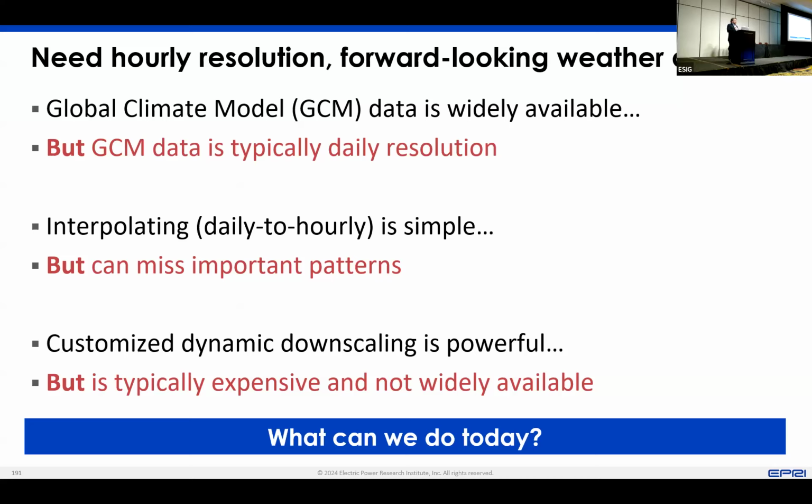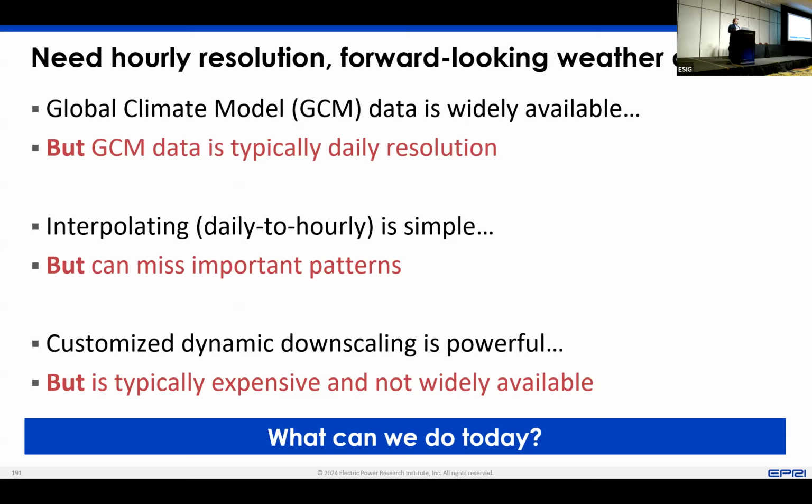And I think, as many of us know, sometimes the simplest and most practical thing is what people actually use. But you can miss important patterns that you want to pick up. Lastly, there's things like dynamic downscaling, which is very useful, tends to be expensive, and it's not widely available. And as we heard, there are other alternatives coming out. So different pros and cons.